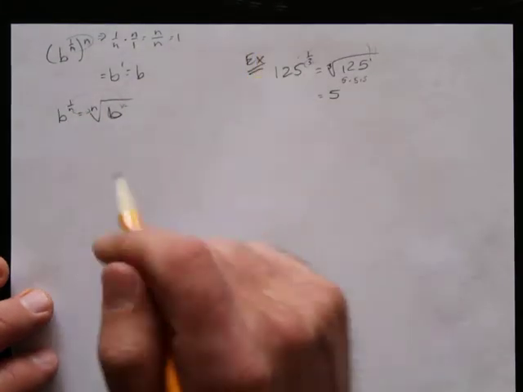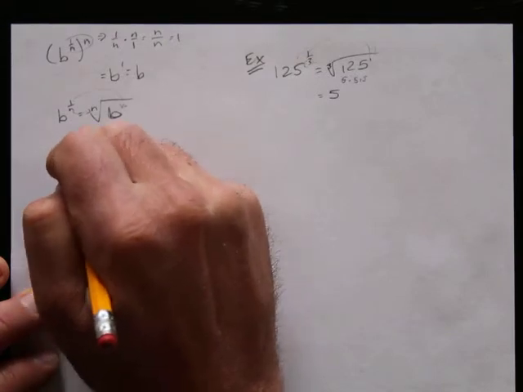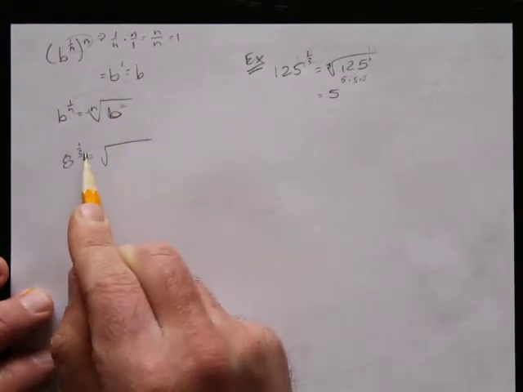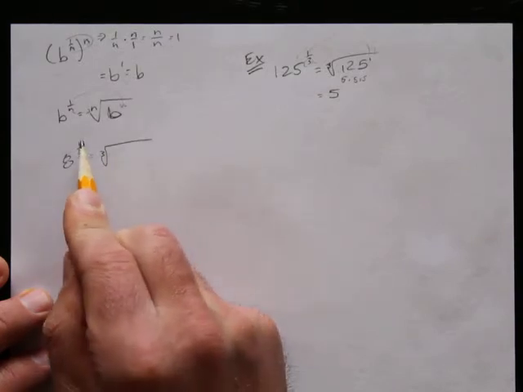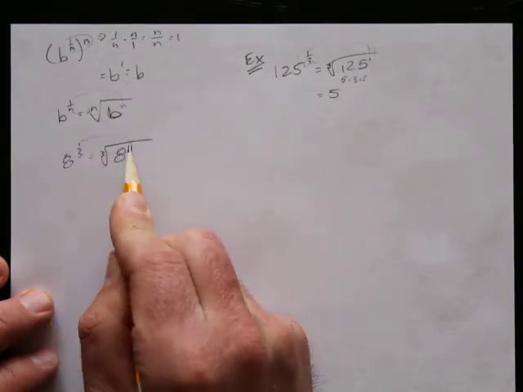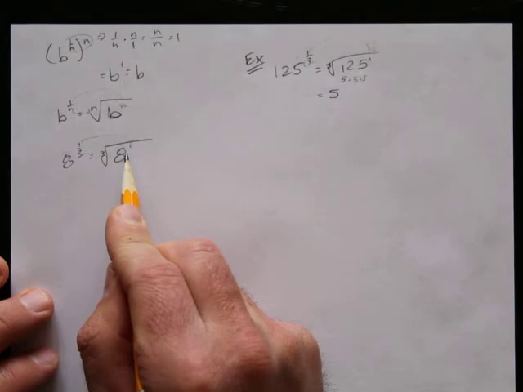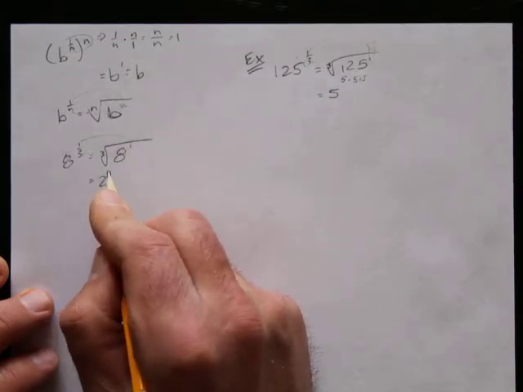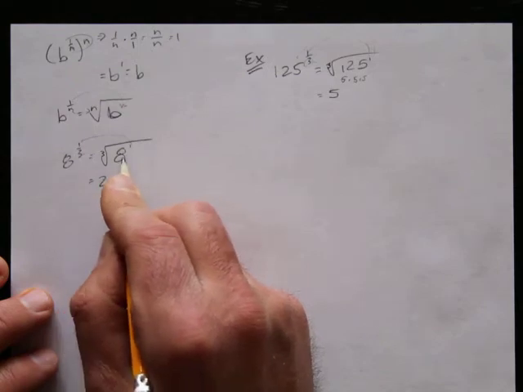Let's do another one. 8 to the 1/3 power equals, the 3 goes here, third root, the 1 goes over here, raised to the power of 1. The third root of 8 is 2. 2 times 2 is 4, times 2 again is 8.